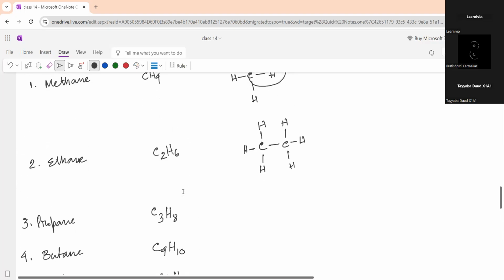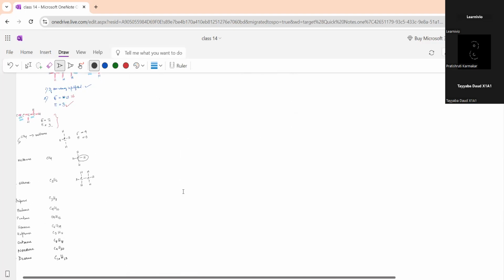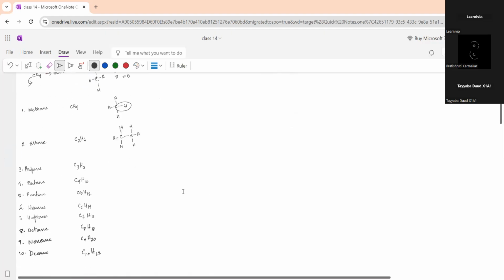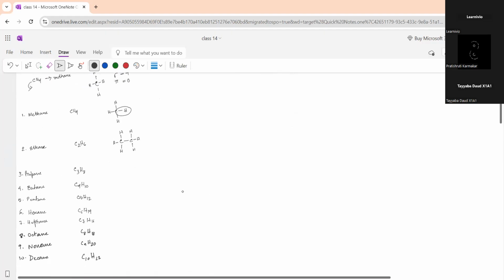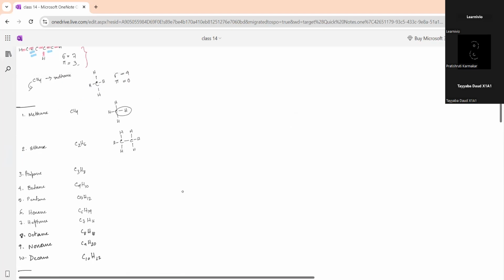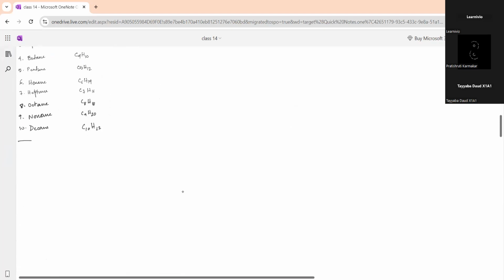Now all of these compounds we have written here, from methane to decane, are known as alkanes. Why alkanes?